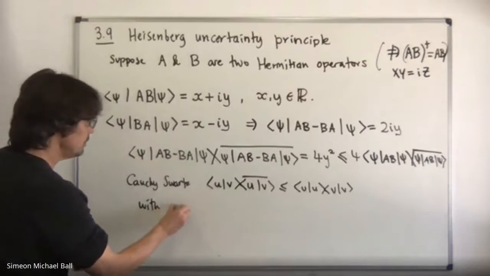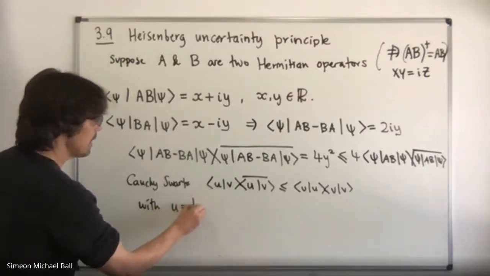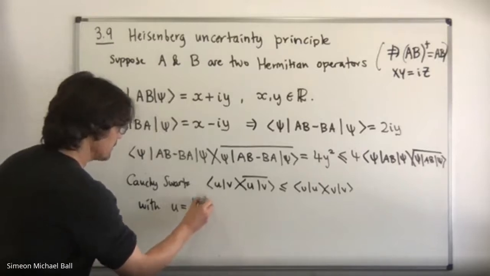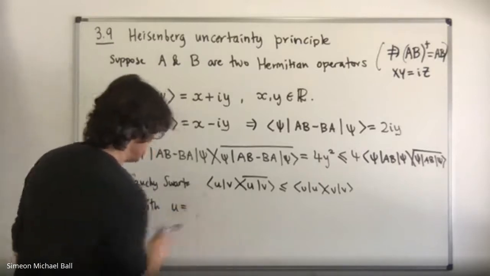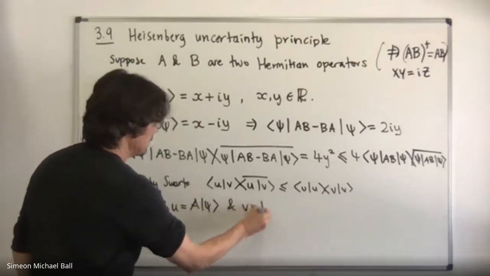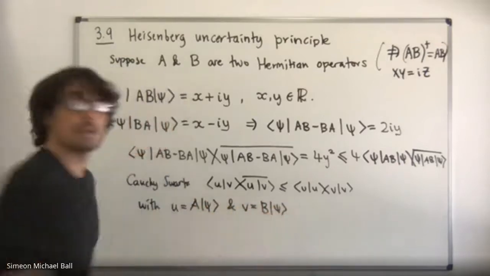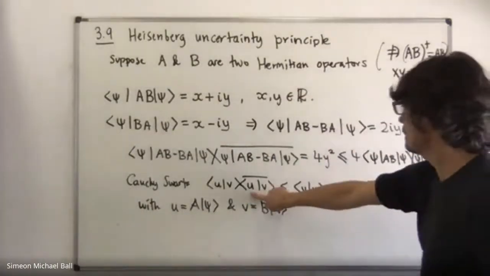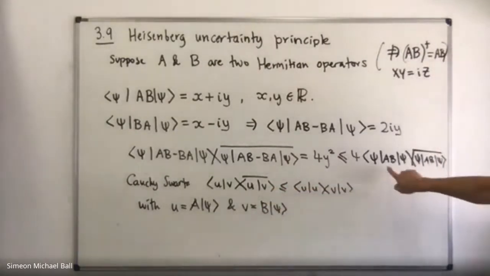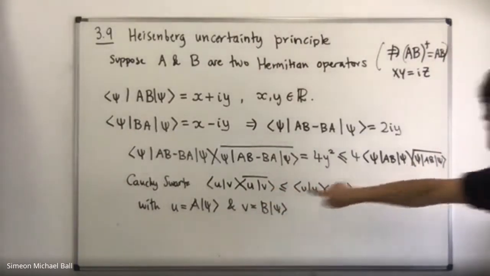Let's put U equal to A psi and V equal to B psi. Then what we have here essentially is this side of Cauchy-Schwarz.